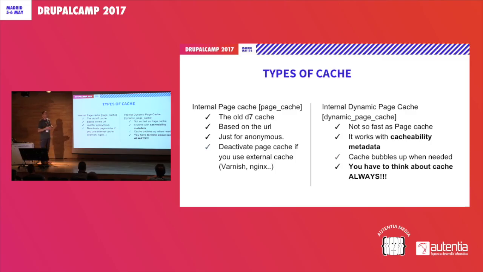This means that if you have the header and one piece of the header has to be invalidated, it will invalidate the header as well. So it knows that it has to clear the cache of that piece in a clever way. And yeah, as I said before, you always have to think about the cache.